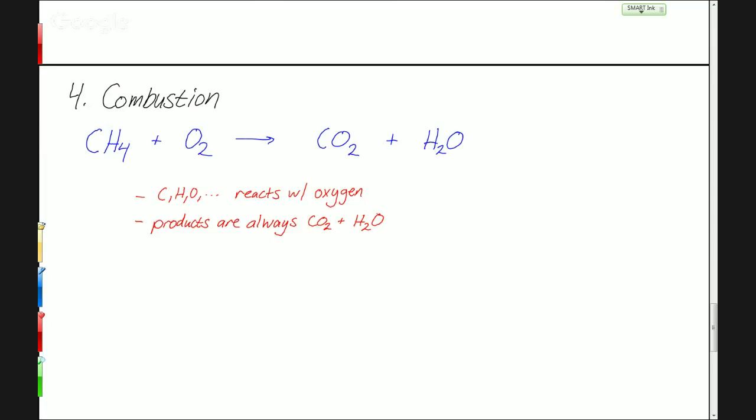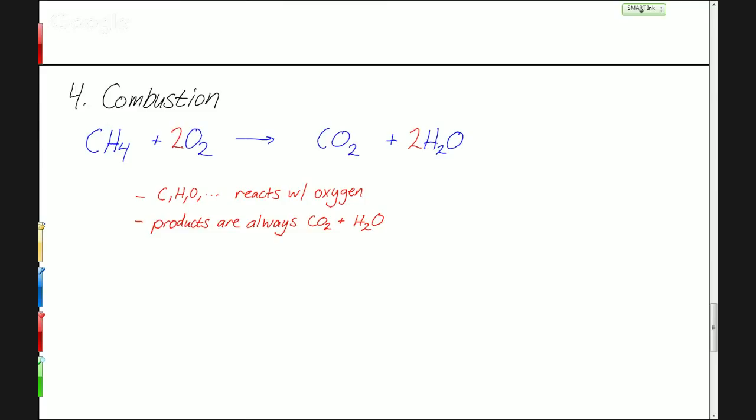So that's pretty easy. You don't ever have to try to figure out what the products are going to be. As soon as you can tell that it's a combustion reaction, you know the products are going to be carbon dioxide and water. Is this equation balanced? How would you balance it? Yeah, we need 2 here and then 2 here. I think that'll do it.